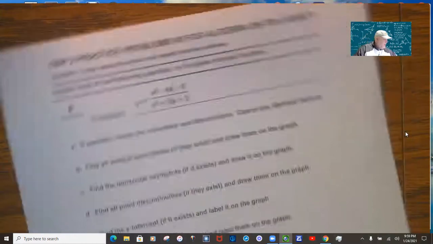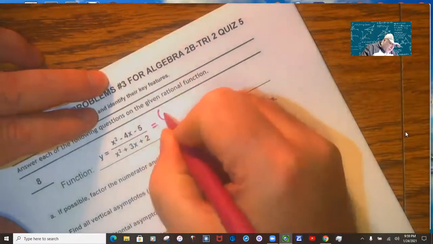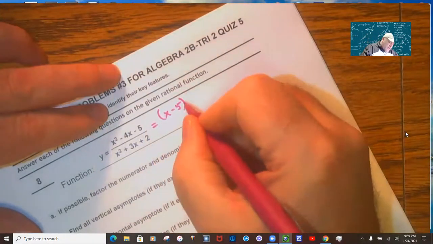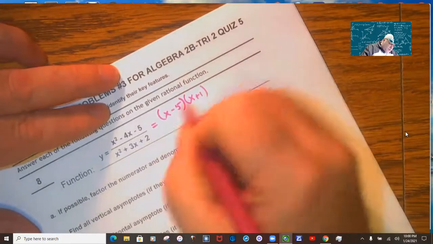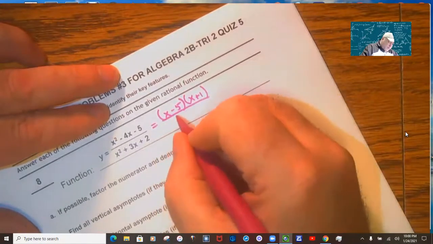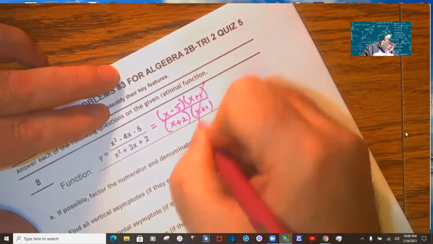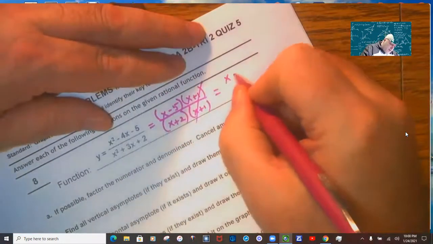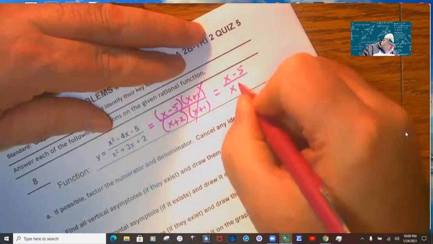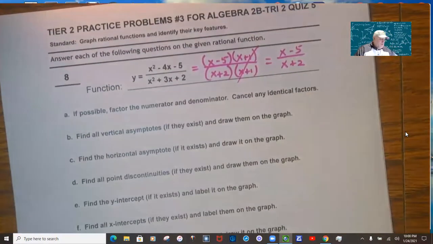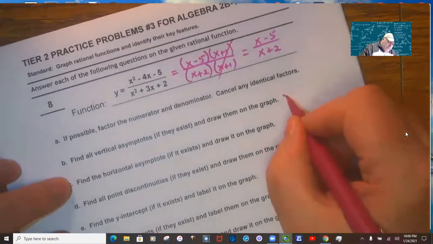Again, going pretty quickly through this, we need to factor. So x minus 5 times x plus 1 over x plus 2 times x plus 1. So the x plus 1's drop, meaning there's going to be a point discontinuity. All right, so vertical asymptotes at -2.